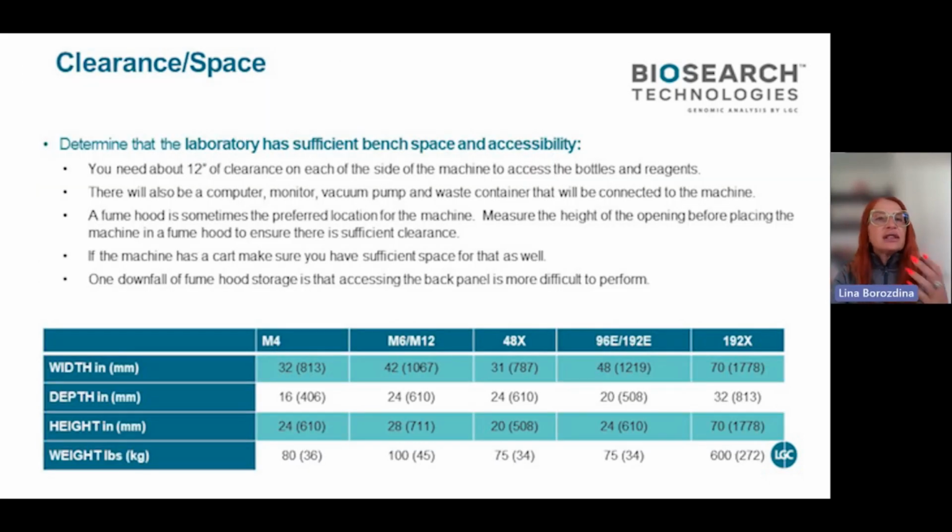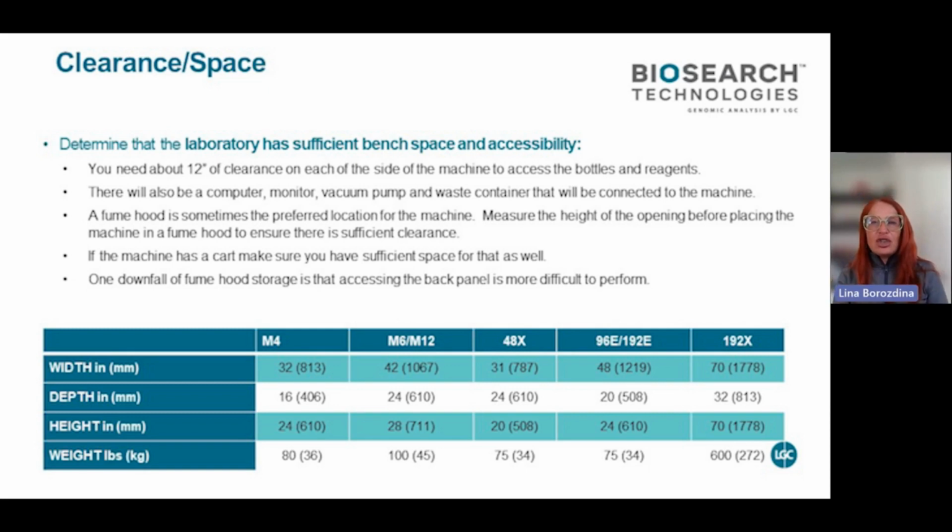So, spaces and clearances in your laboratory. Each instrument is pretty sizable. However, up to this point, you could put it into an 8-foot standard chemical hood. The reagent instrument does need ventilation.